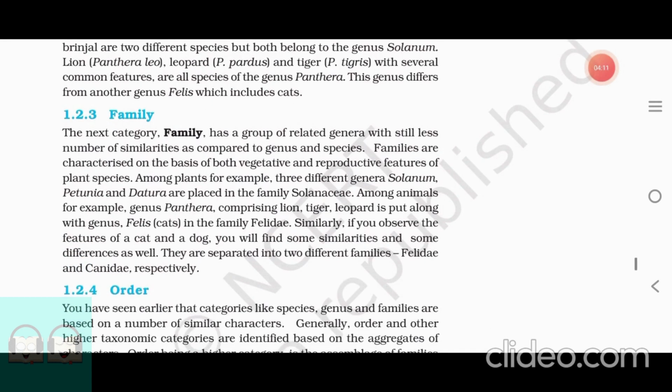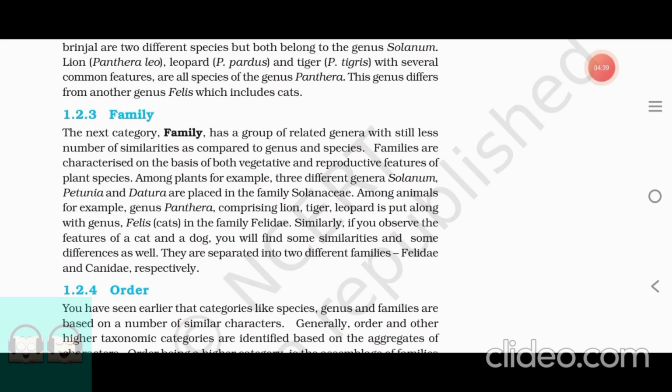Family. The next category, family, has a group of related genera with still less number of similarities as compared to genus and species. Families are characterized on the basis of both vegetative and reproductive features of plant species. Among plants, for example, 3 different genera Solanum, Petunia, and Datura are placed in the family Solanaceae.